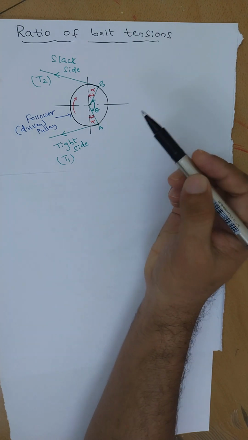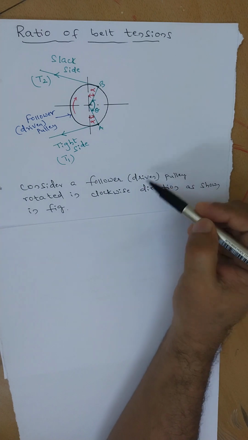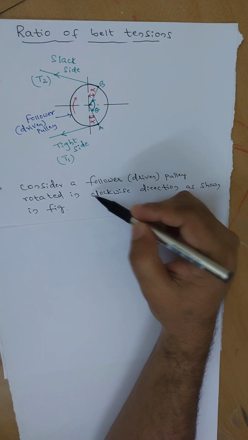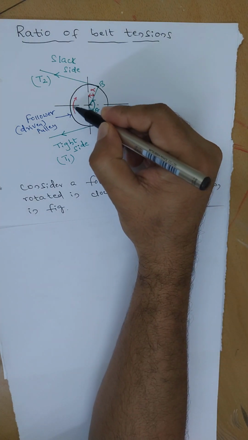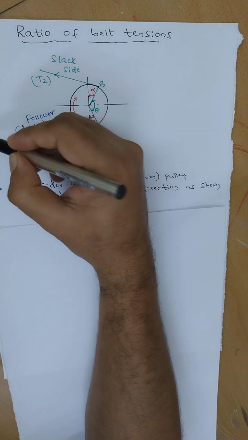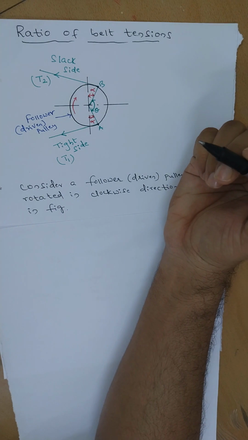So first consider the follower. This is the driven, follower pulley, which rotates in clockwise direction. I have already given the direction here, it will rotate in clockwise direction. It means the driver rotates clockwise, and the driven also rotates in clockwise direction.